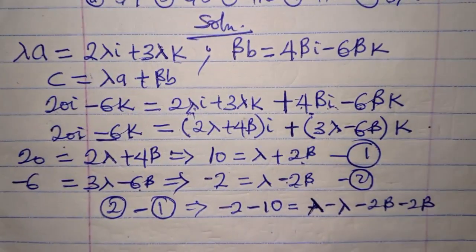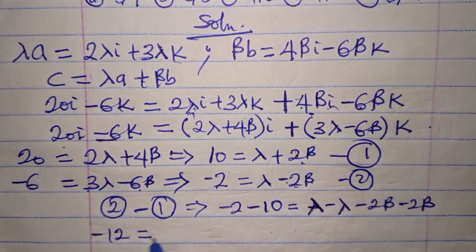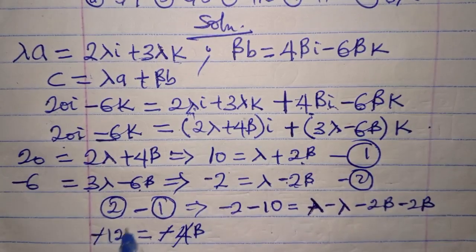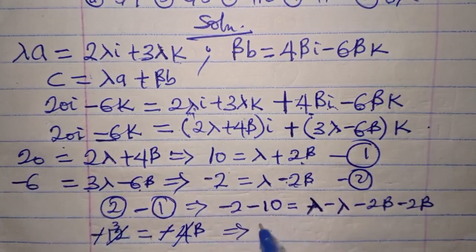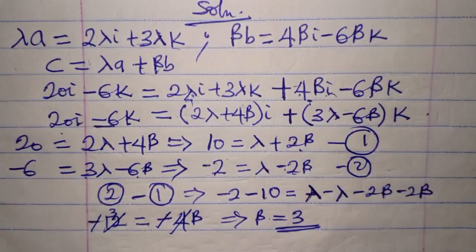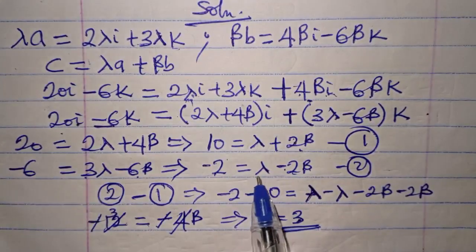Minus 2 minus 10 is minus 12. Lambda minus lambda is 0. Minus 2 beta minus 2 beta is minus 4 beta. Minus cancel minus, 12 divided by 4 is 3. So beta is equal to 3. What is lambda? Let's plug in 3 for beta in any of the equations to determine lambda.